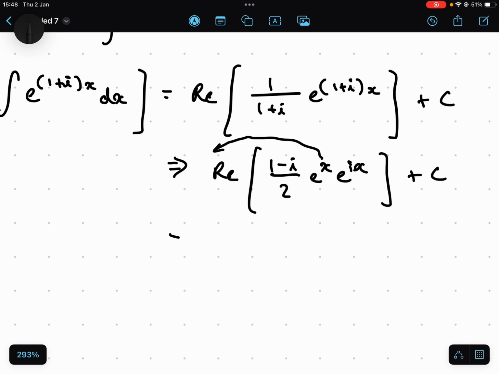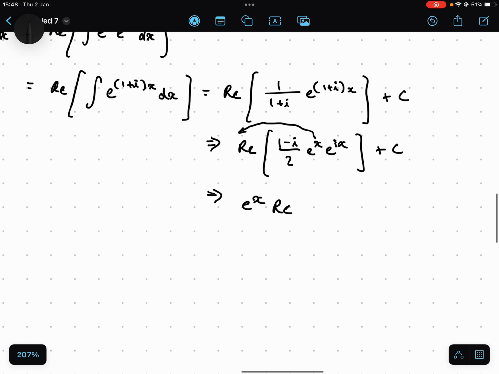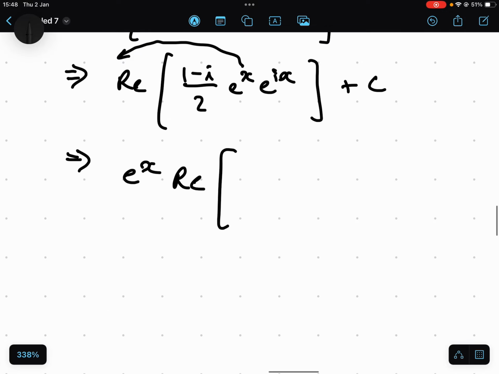Just leave it alone for now, because we don't want to deal with e^x. And then we've got e^(ix). Like we said, we're going to use our original identity, cos x plus i sin x. So we replace that, and we're left with (1 minus i) times (cos x plus i sin x), divided by 2.